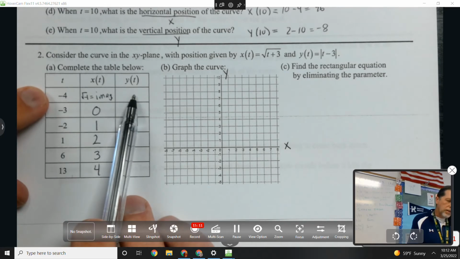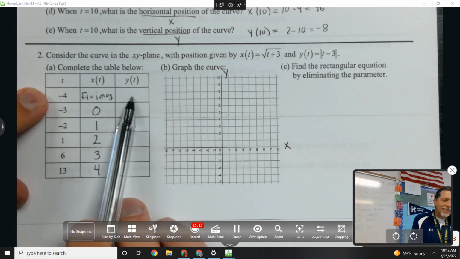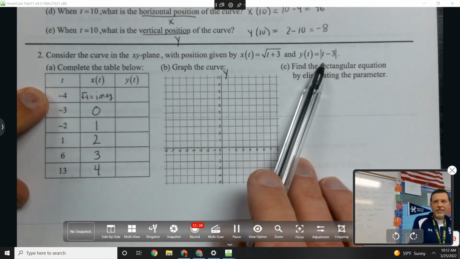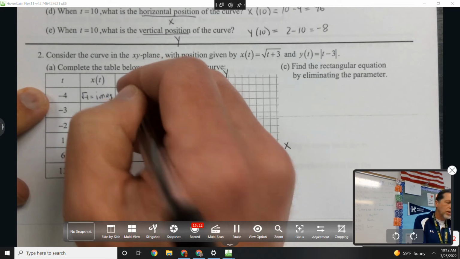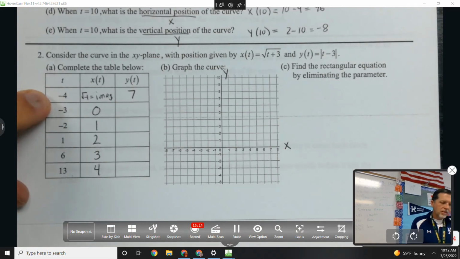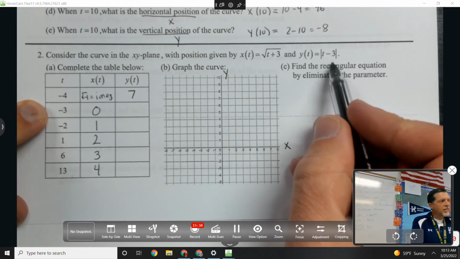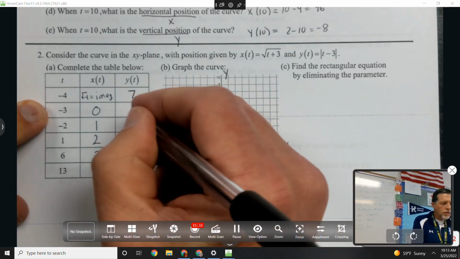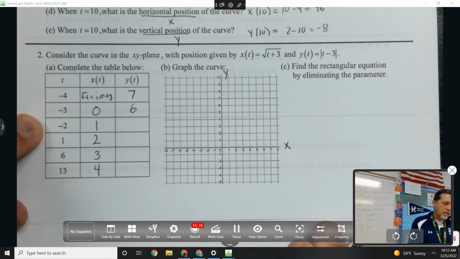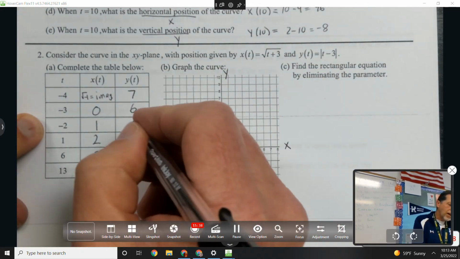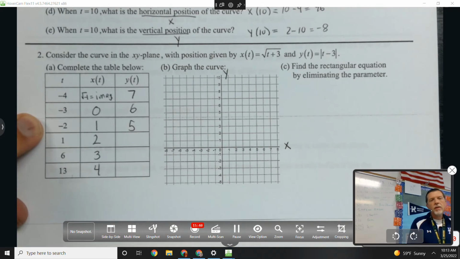All right, let's plug in y. Some people really mess up their absolute value stuff here. -4 minus 3 is -7, and then the absolute value is 7. Don't apply the absolute value till you get to the end. -3 minus 3 is -6, absolute value, +6. -2 minus 3 is -5, absolute value, +5.